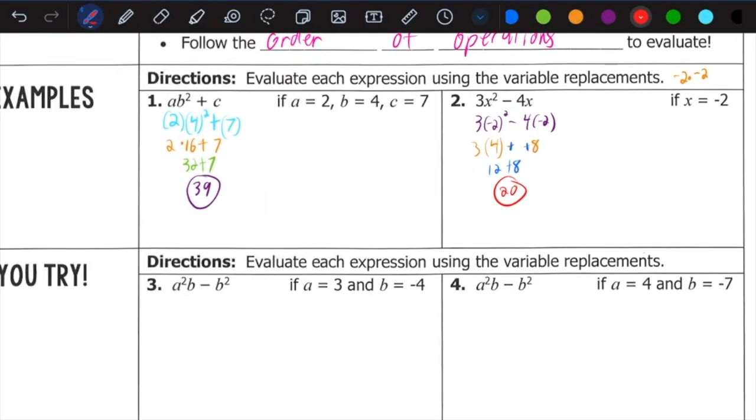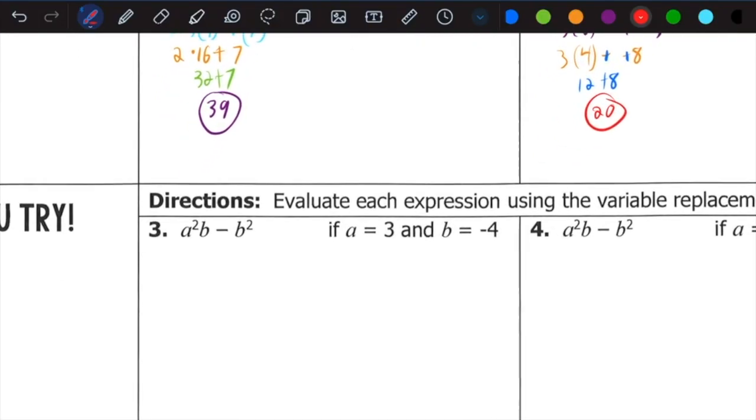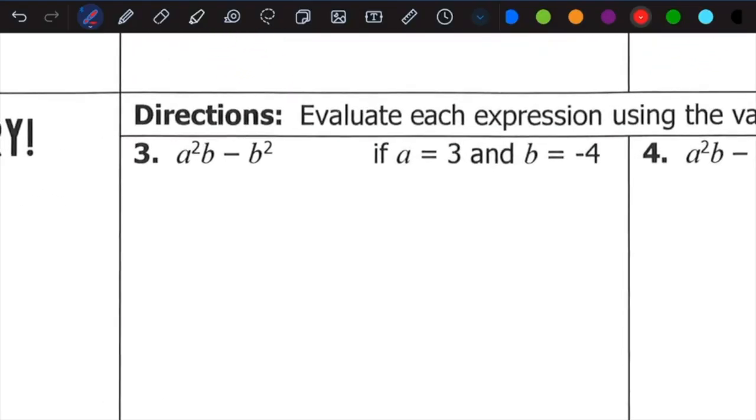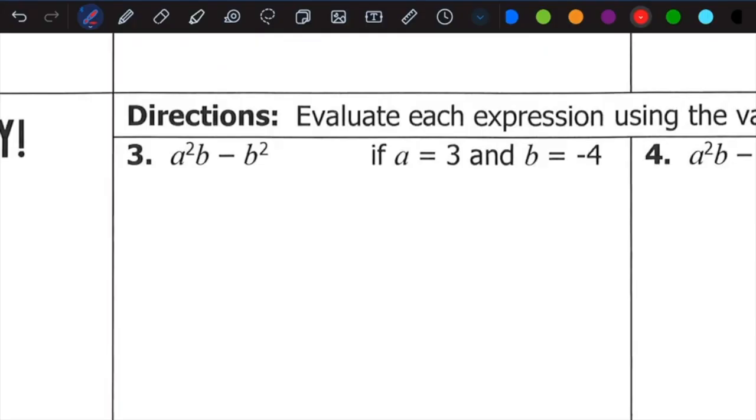Moving on to number 3, just continuing to do the same exact stuff on these next problems. So number 3, a squared b minus b squared, if a equals 3 and b equals -4. So 3 squared instead of a squared times -4 instead of times b, minus -4 being squared instead of b being squared.